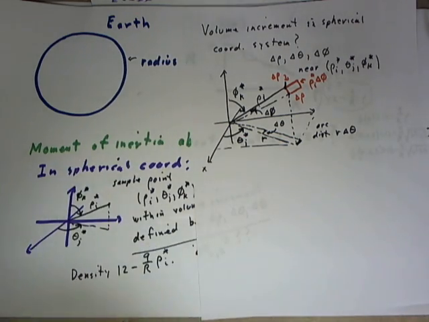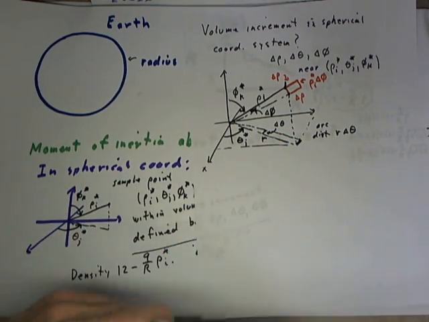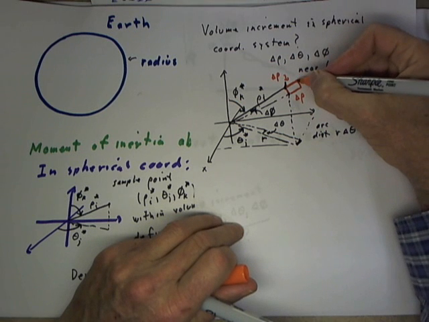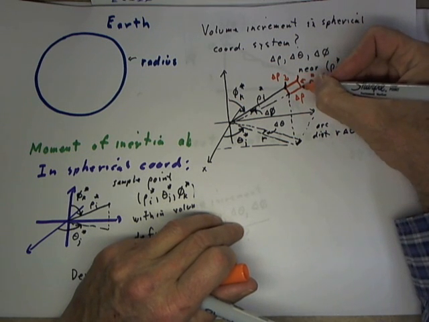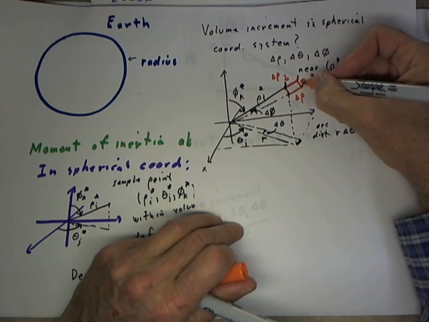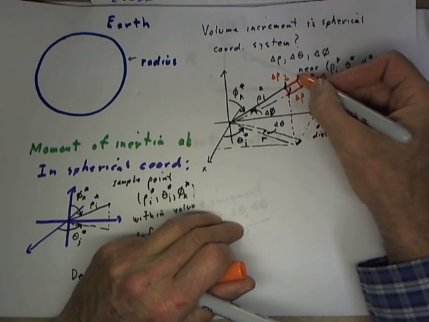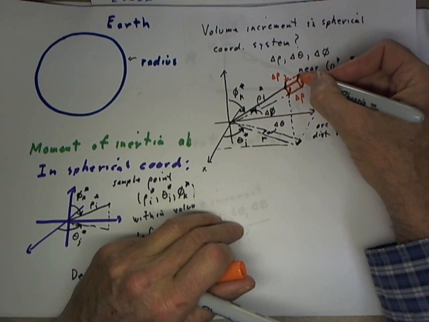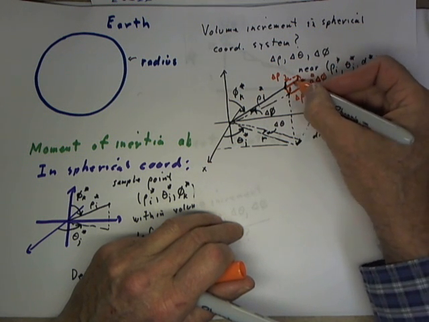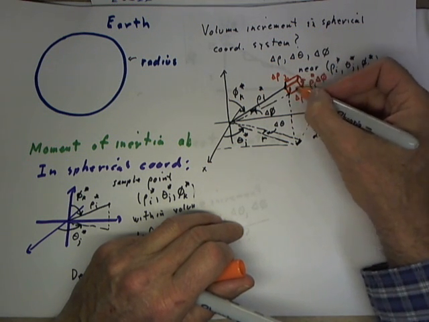And the same thing is going to happen to the other corner points of this rectangle. They're all going to be rotated in this direction, giving us something pretty close to a rectangular box.